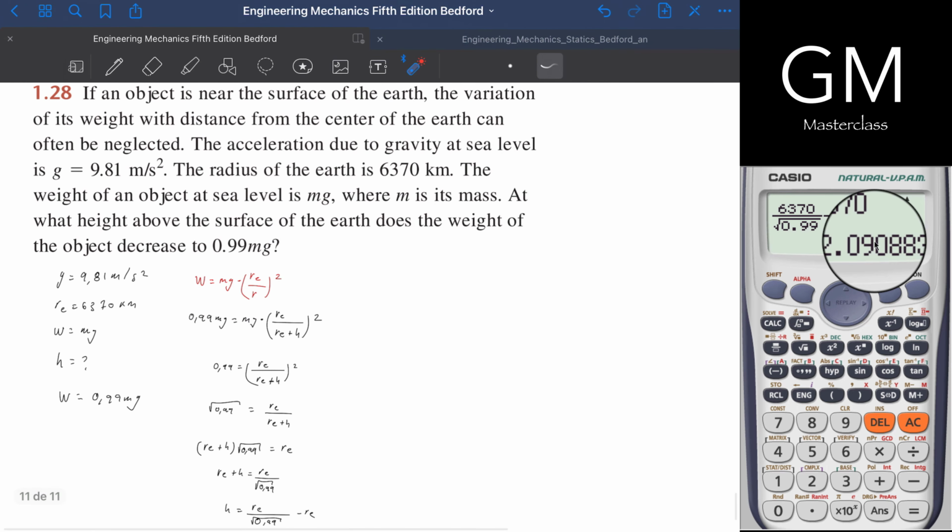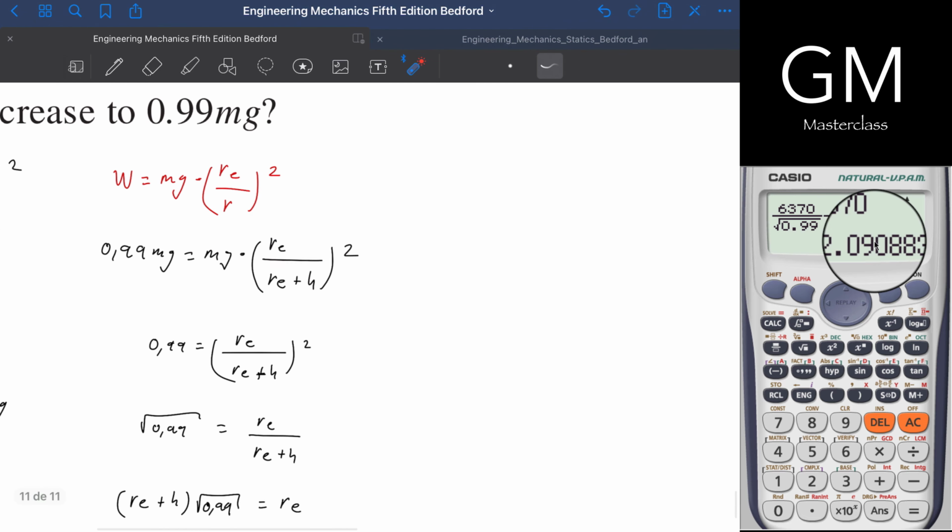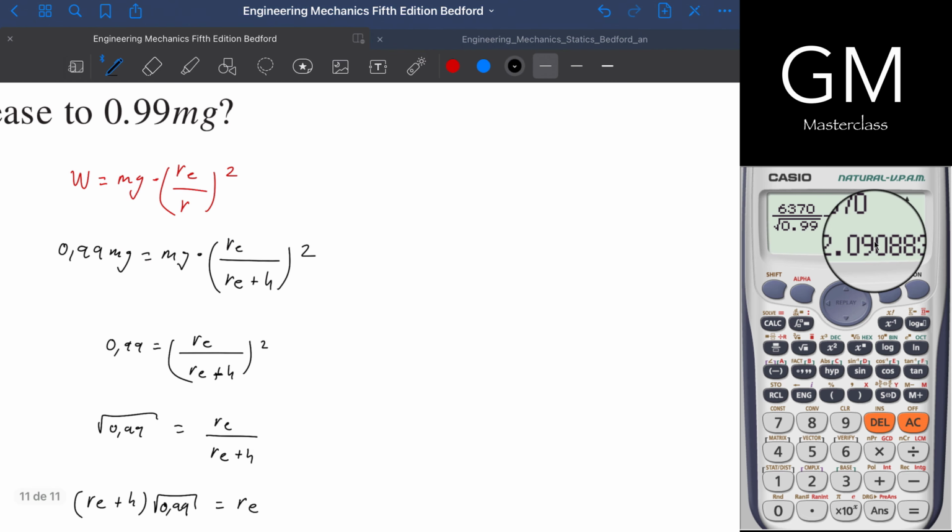Now, why did I use this equation? Because it was necessary, or where does this equation come from?